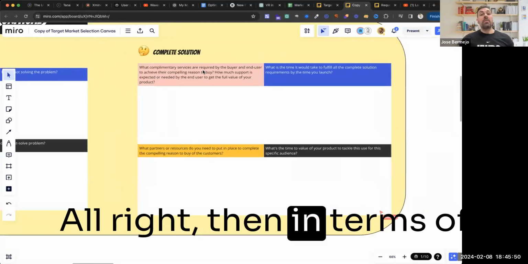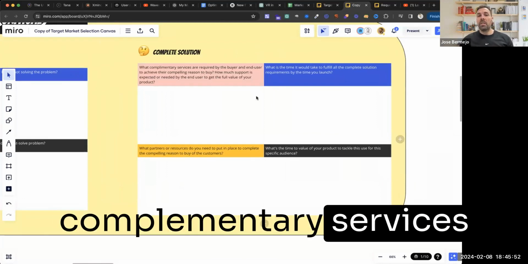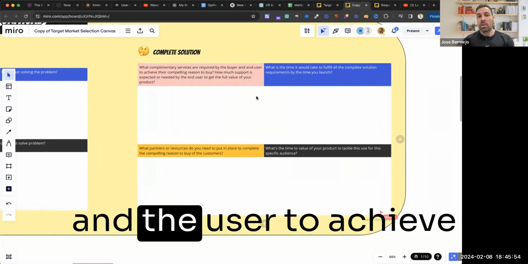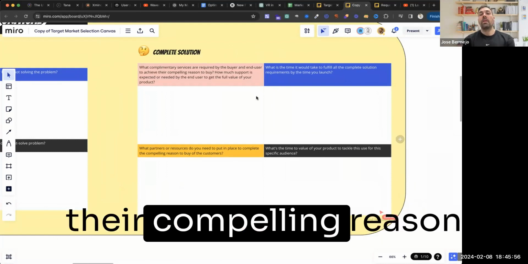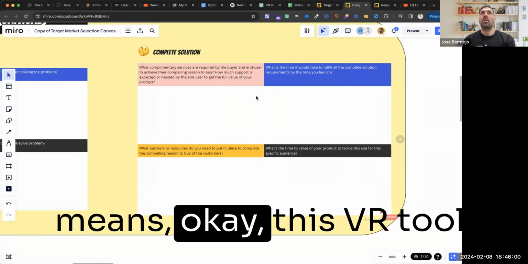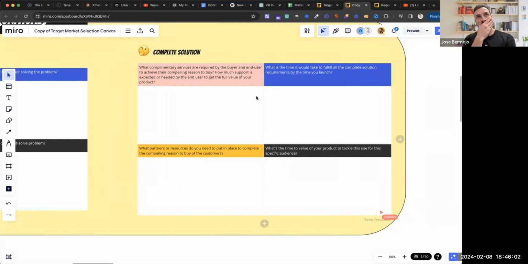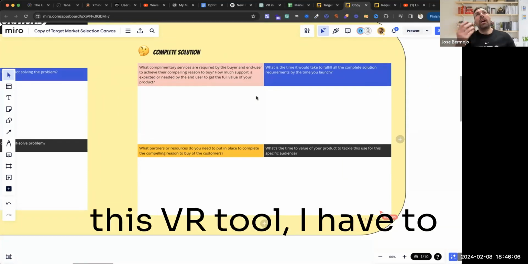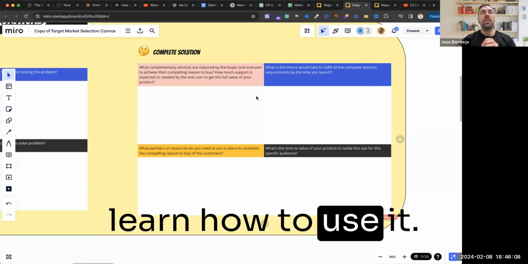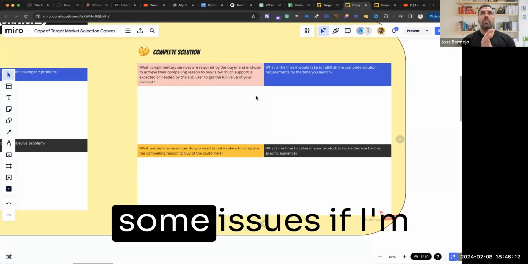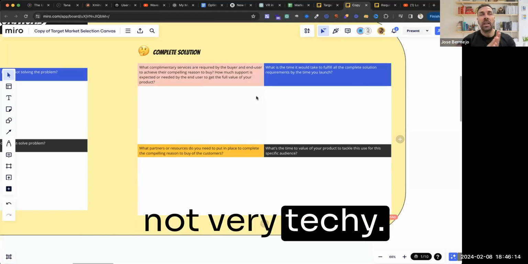All right. Then in terms of complete solution, what complementary services are required by the buyer and the end user to achieve their compelling reason to buy with me? Okay, this VR tool, I have to learn how to use it. Probably I can have some issues if I'm not very techy.